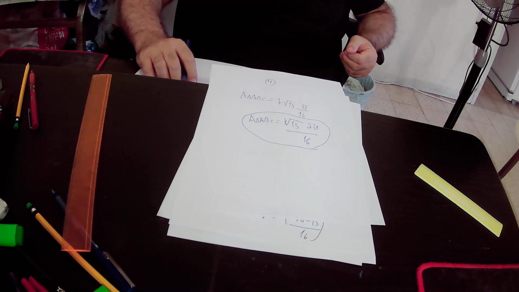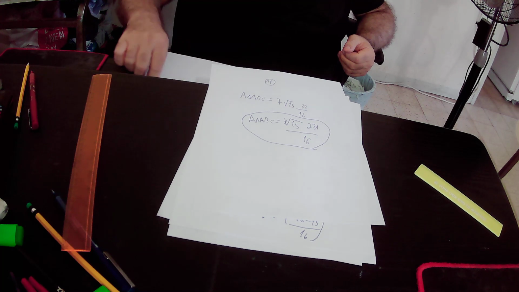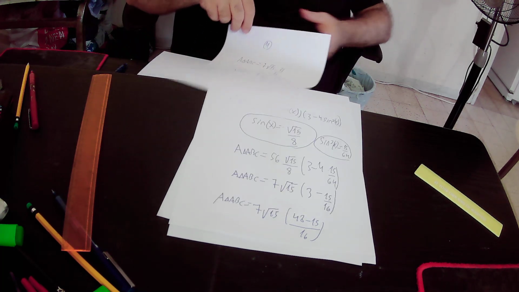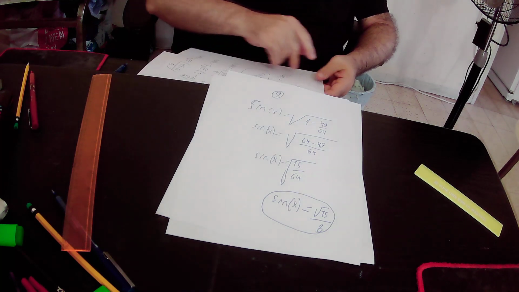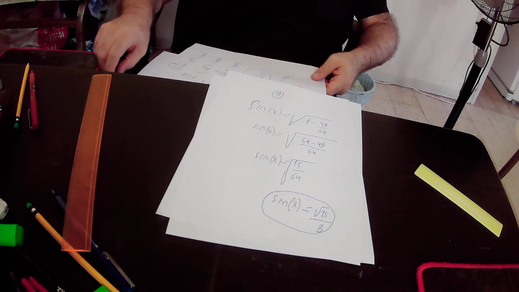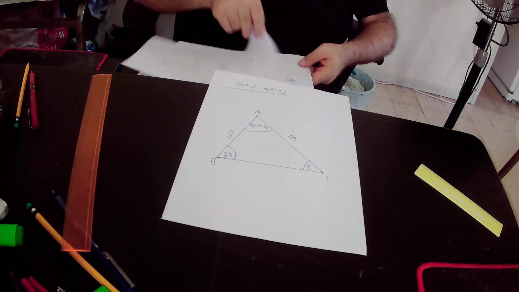Okay, so now I will summarize the lecture. Actually, we found the area of triangle ABC in two different ways.